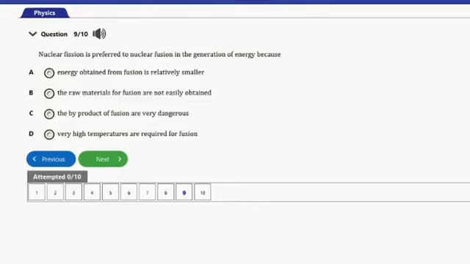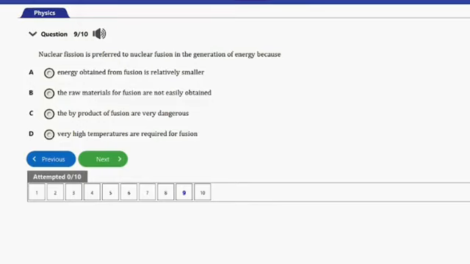B, the raw material for fusion are not easily obtained. C, the byproducts of fusion are very dangerous. D, very high temperature are required for fusion. So guys, option D is the answer to this question. Very high temperature are required for fusion. And that's it for this question.